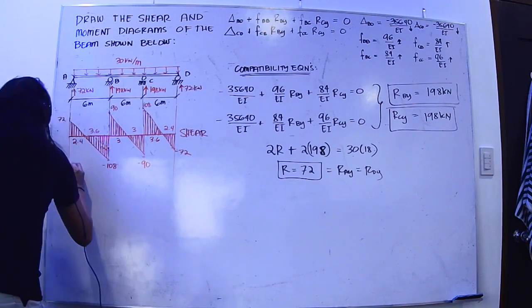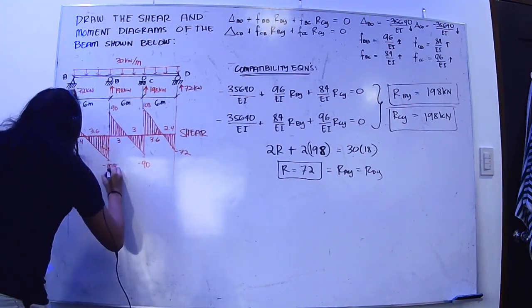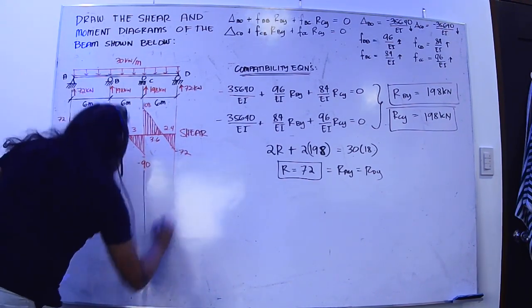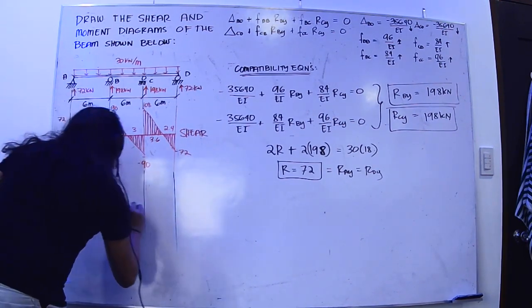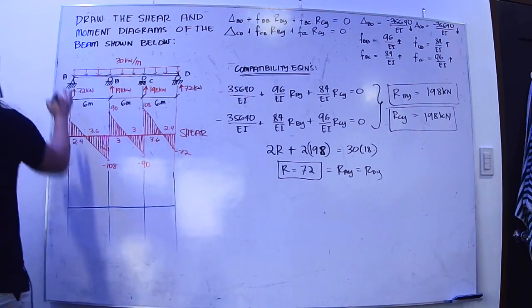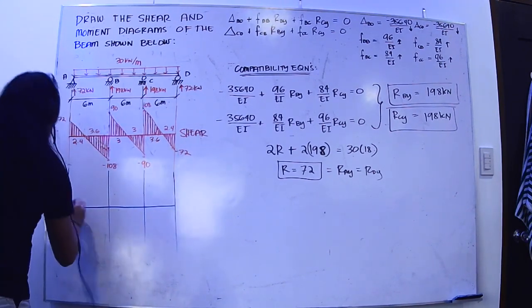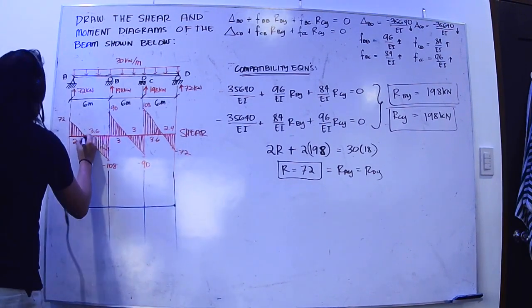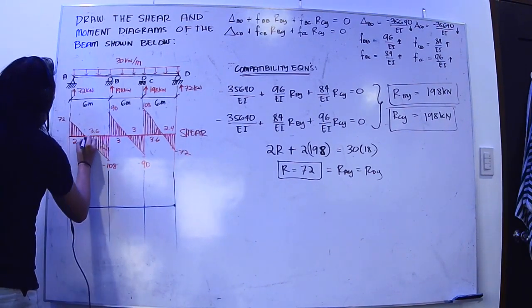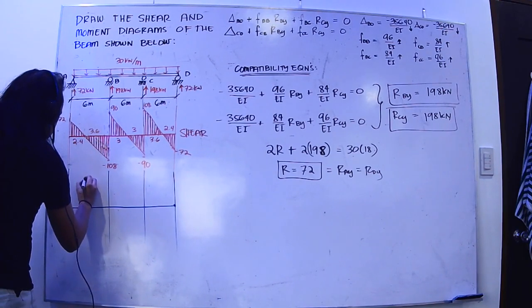Now, the moment diagram, we have this. Starting moment here is 0. Ending moment here is 0. So, maximum moment happens where the shear is smallest.